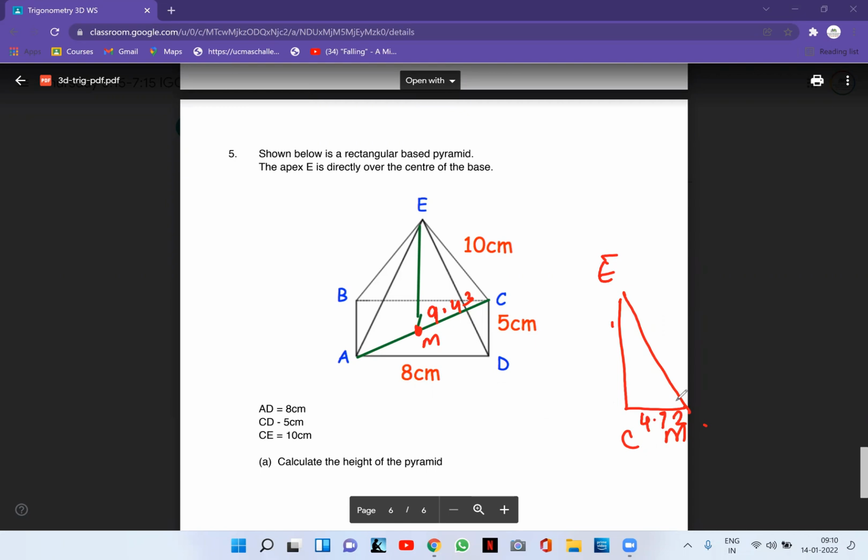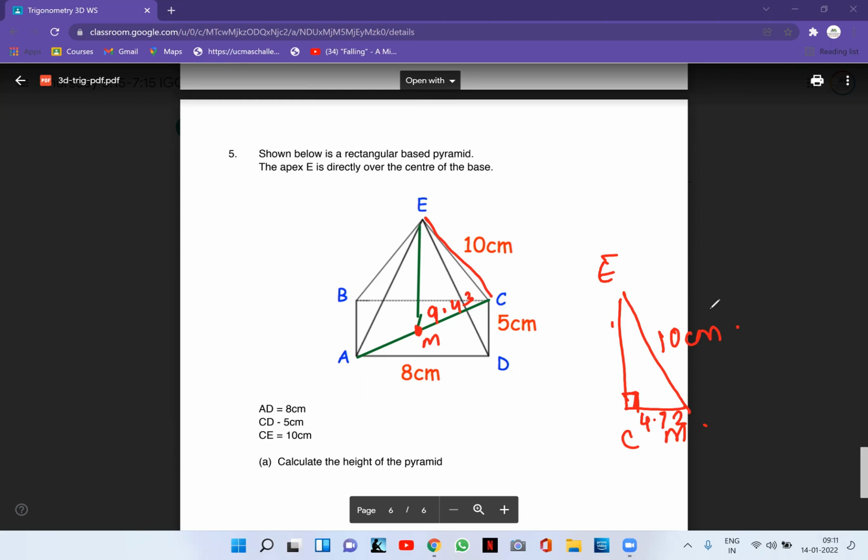Okay, the median is perpendicular to the base, so this is 90 degrees. Here I know that this is 10 centimeter. As this is 10 centimeter, all my other sides will also be 10 centimeter. So I want to find EM.